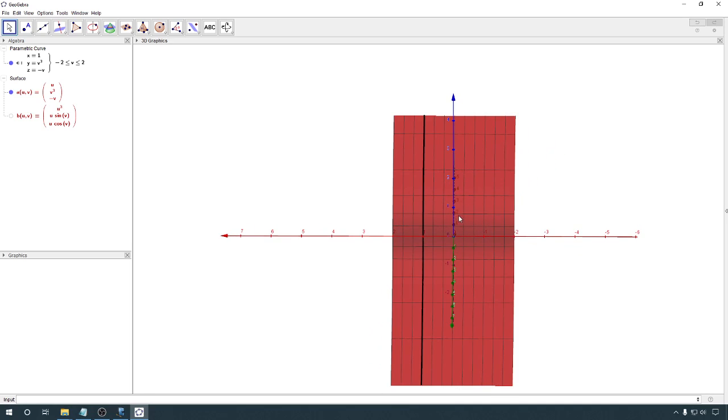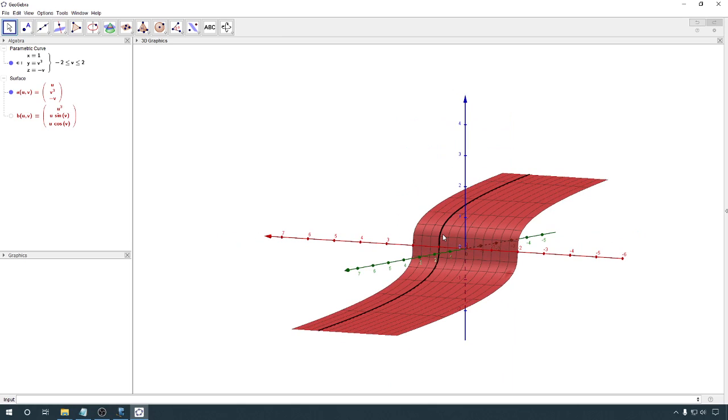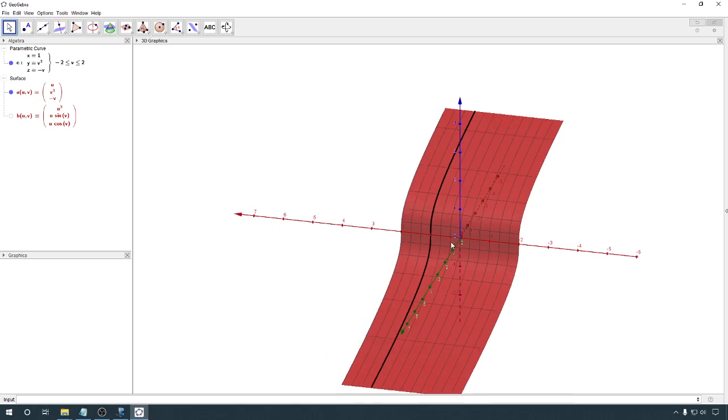Now you can probably guess that this one right in the middle is where u equals 0. This was where u equals 1. This on the end would be where u equals 2. And I guess they did it by thirds. I don't know why they chose thirds, but that's the way it went.